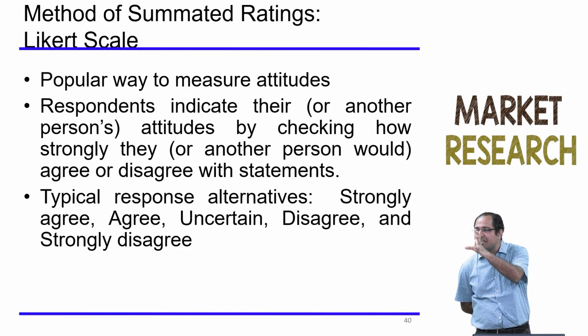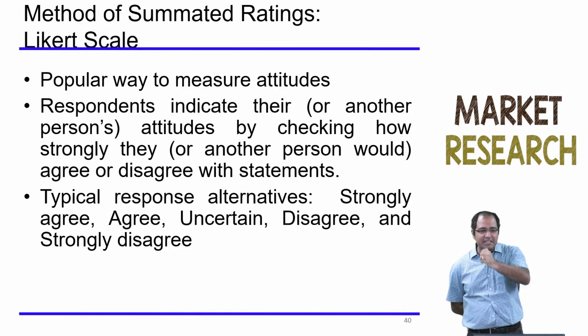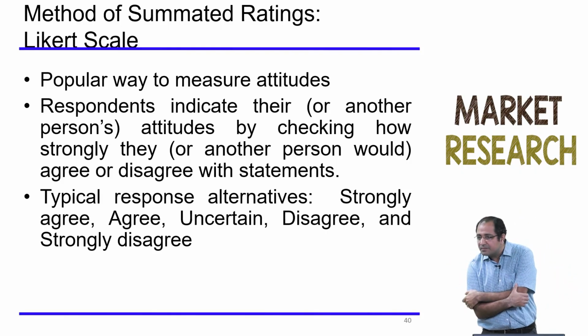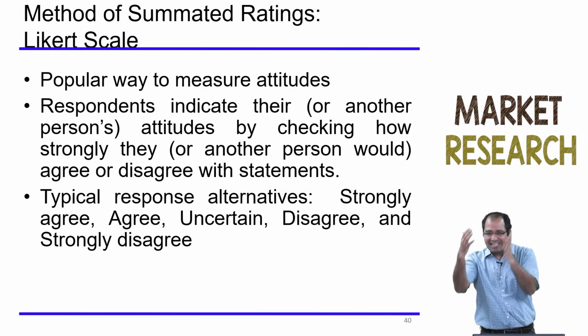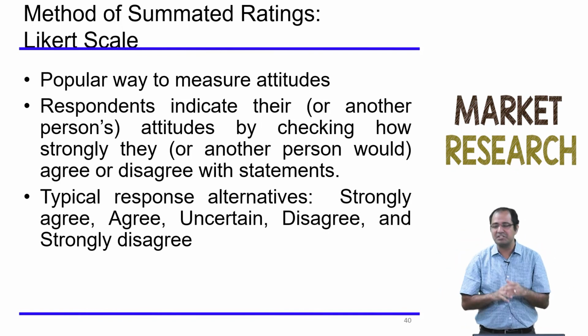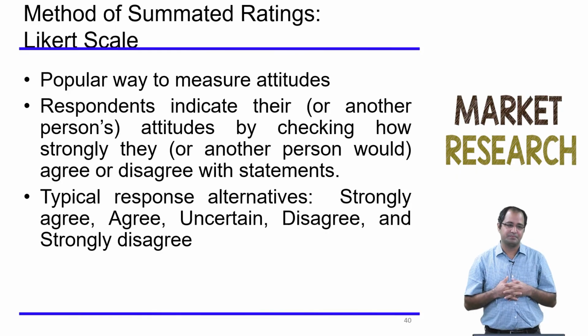You will take either the summation of all the scores on all the statements to measure the attitude, or you will take the average. Generally we take the average, but the average is arrived at after taking the sum and dividing by the number of statements. So we call them summated rating scales.